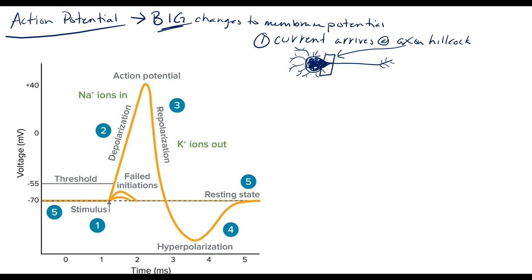Resting is negative 70, so it has to get above negative 55. Negative 55 is the magic number here. These failed initiations they're talking about here are just local potentials that weren't enough to trigger an action potential. So for an action potential to begin, that local potential has to change the voltage of the cell to negative 55 millivolts.